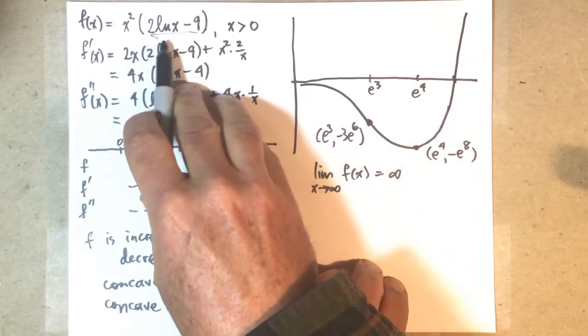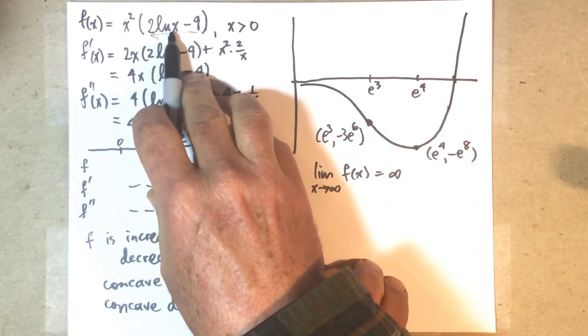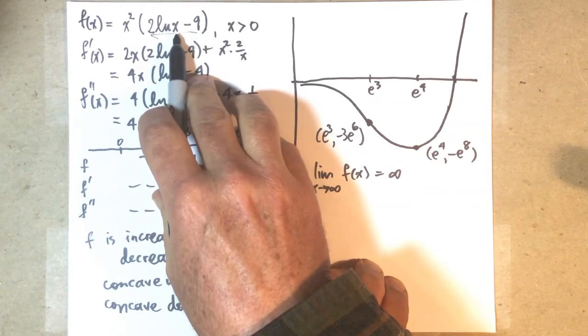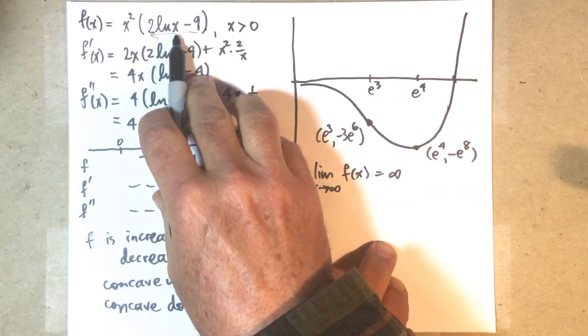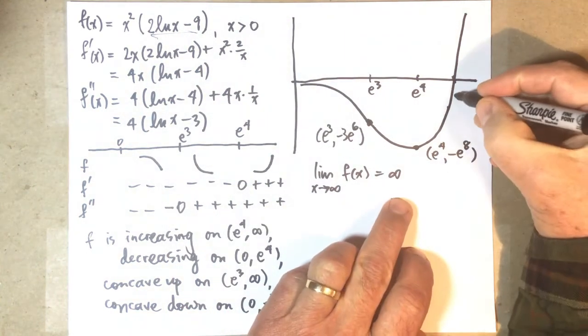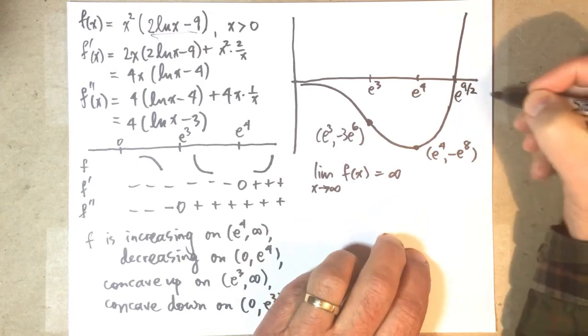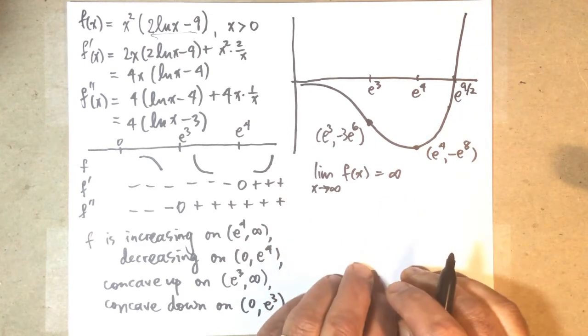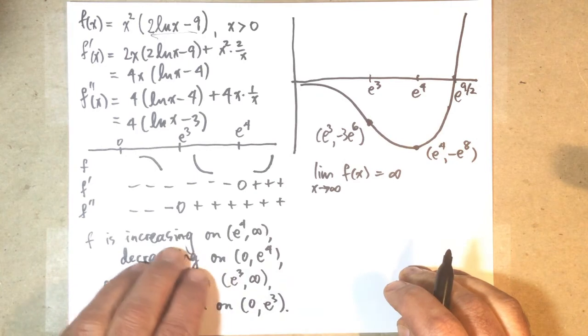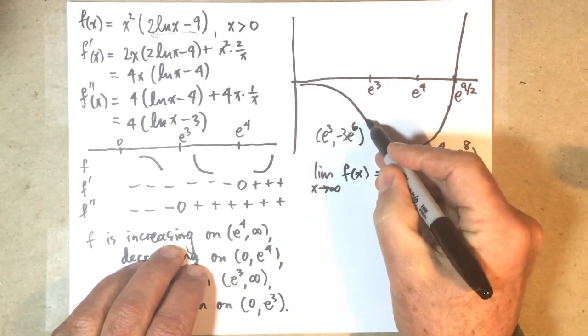Now you can actually work out exactly where that point is. This is 0 exactly when twice natural log is 9, natural log is 9 halves, so x is e to the 9 over 2. That's something very close to 90. I won't worry too much about it numerically. I'll write out that this is an inflection point.